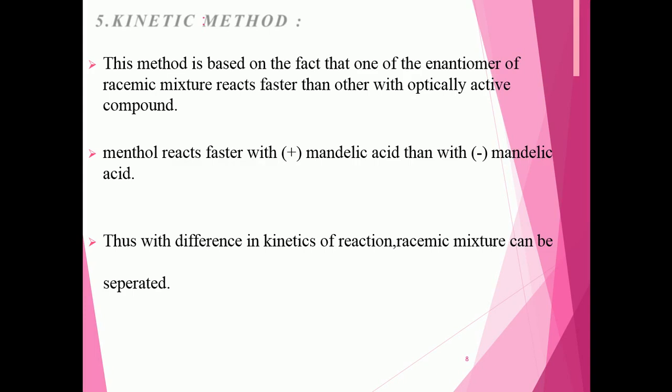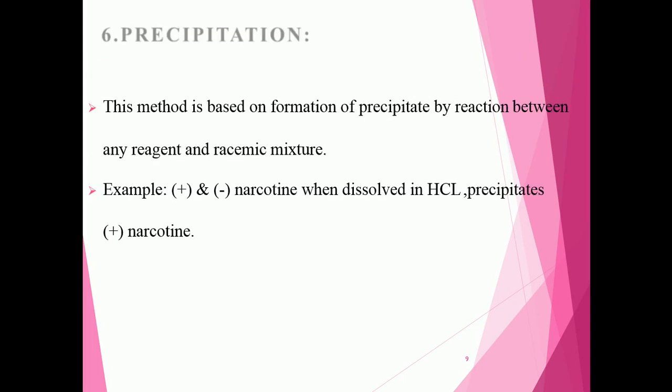Something which deals with the rate of reaction. An example is menthol, which reacts faster with dextromandelic acid than with levomandelic acid. So by the difference in rate of reaction, we can also resolve a single enantiomer from the racemic mixture.